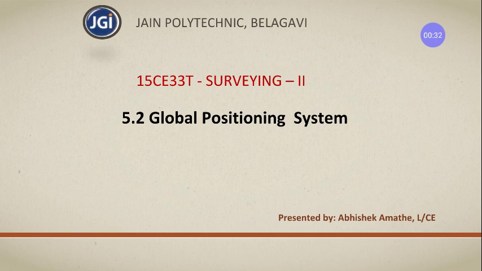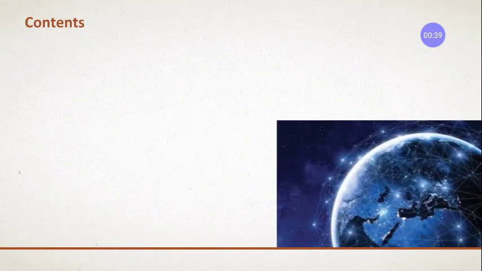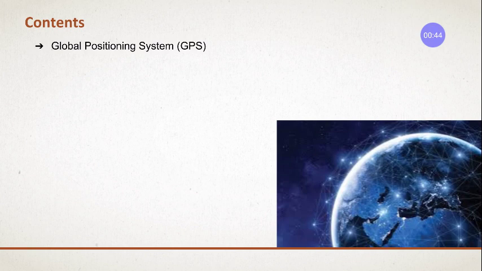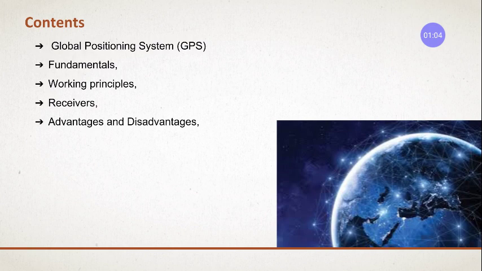So today we will study the global positioning system, that is GPS: its fundamentals and working principles, receivers. First we will understand what a GPS is, and we will also study its advantages and disadvantages.